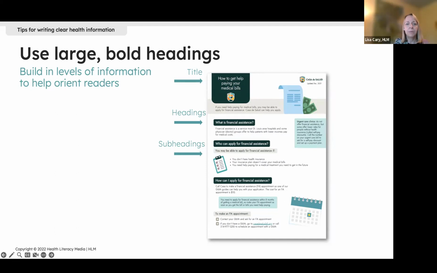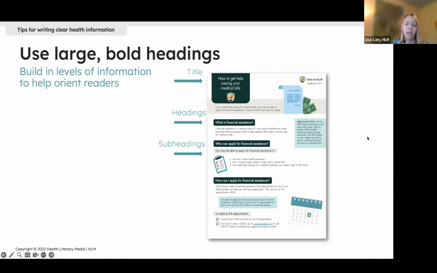So you want to build different levels of information that help orient your readers.